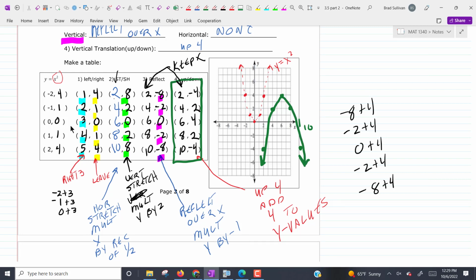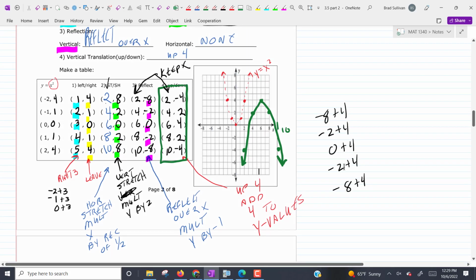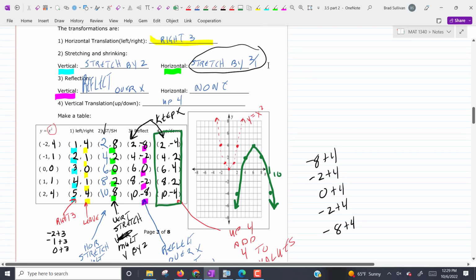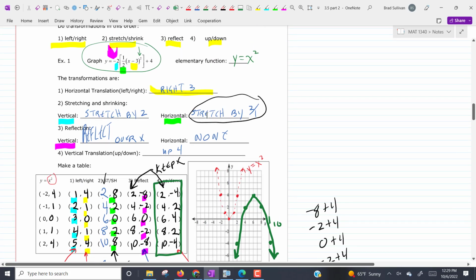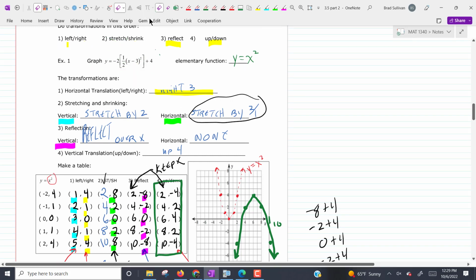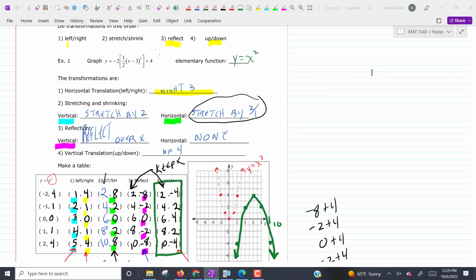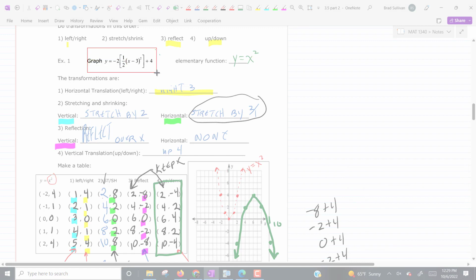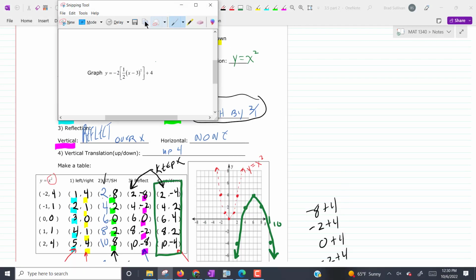When you plot those points, we now want to go over and see what happened on the problem. I'm going to make a little screenshot of the function too, and then I'll come back up here and display the rest of it in a second.